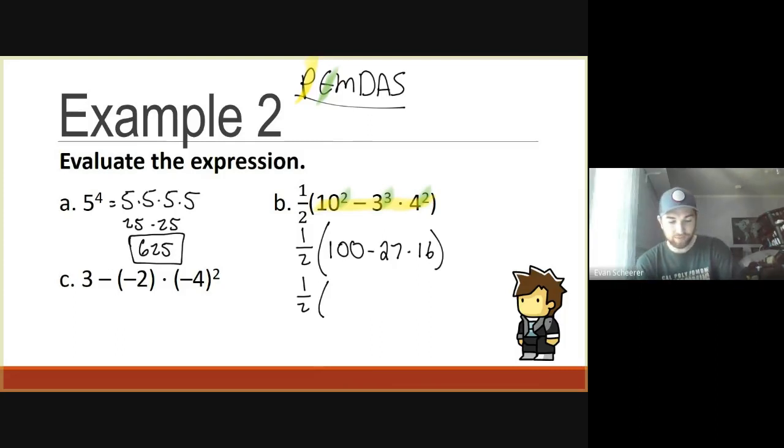Now, after parentheses and exponents comes multiplication and division, so we have to do this part first. 27 times 16 is 432. So that gives me 100 minus 432. The last thing to do, or second to last, is addition and subtraction.